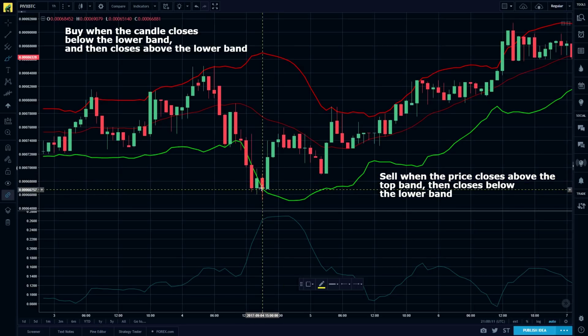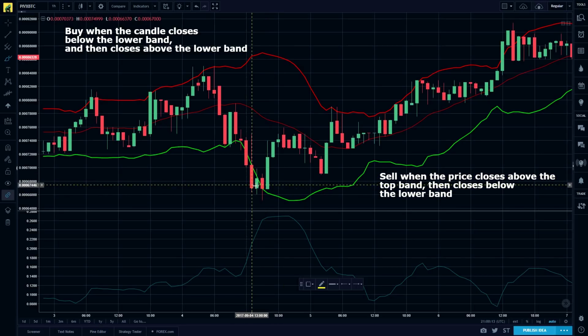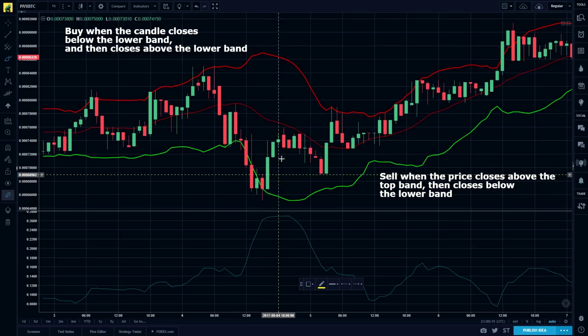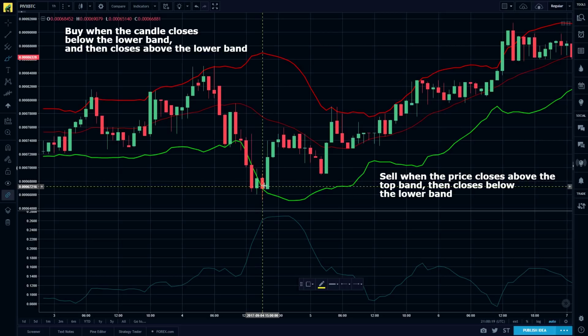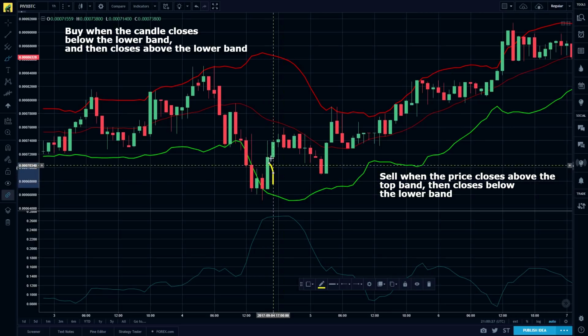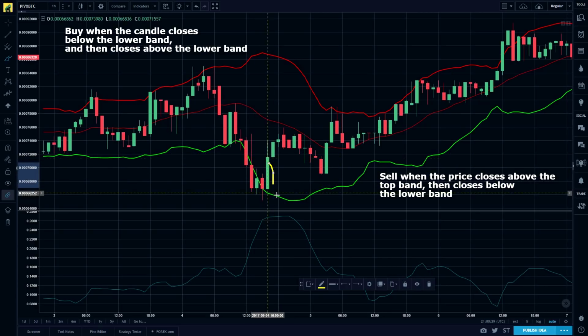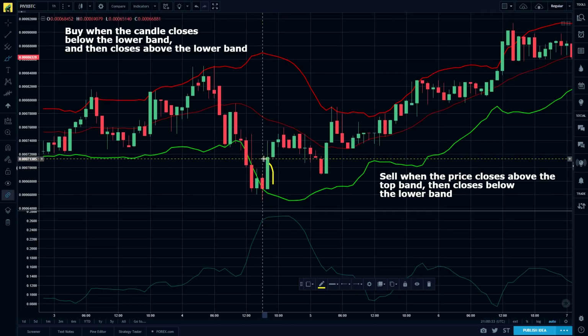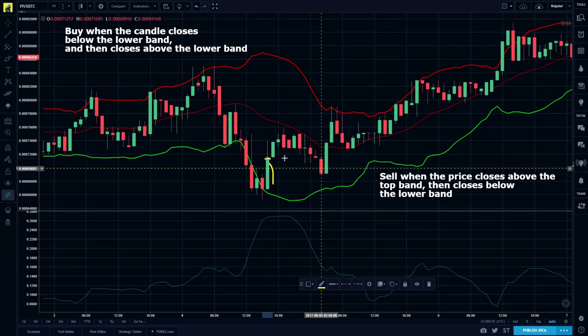So here again, it's already crossed below it, but we buy it on the way up, not on the way down. This candle right here, I would not have considered it a buy because it doesn't look like it crossed to me. Now this candle right here definitely closed well above the lower band. So now this would be considered a buy. So we would have bought right here about.